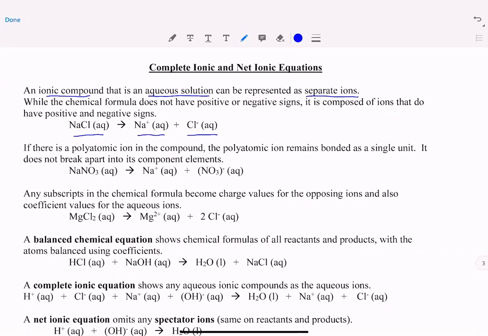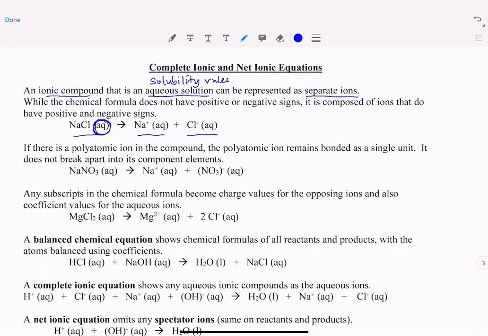Basically anything that is a solution has the AQ physical state. How do you know if something is aqueous? Remember, that goes back to the solubility rules. The solubility rules will tell you if a compound is dissolved, which would be aqueous, or not dissolved, which would be a precipitate or a solid.